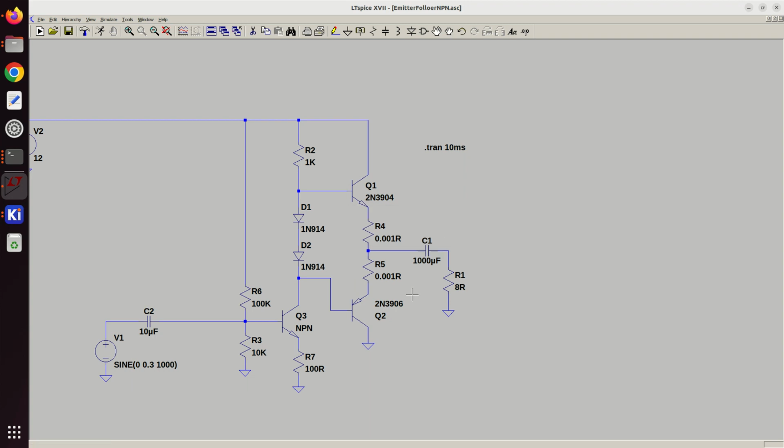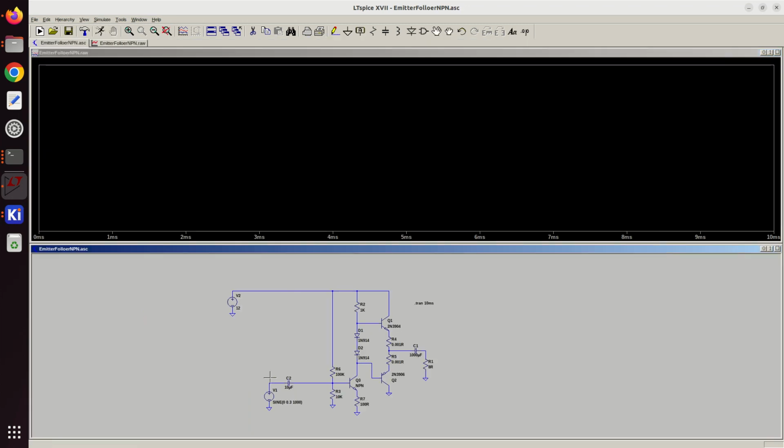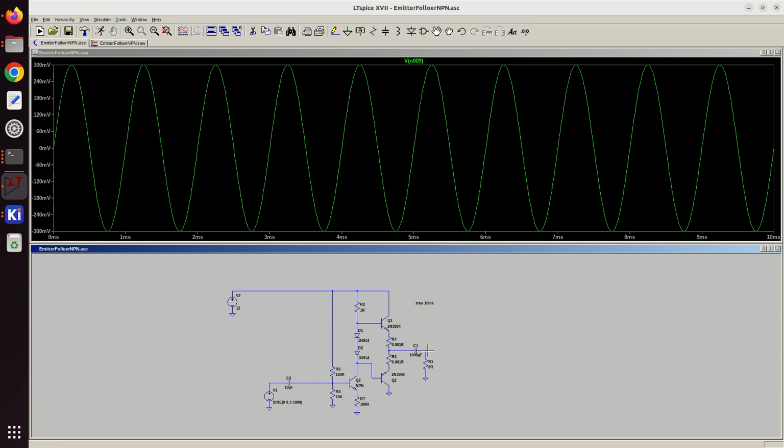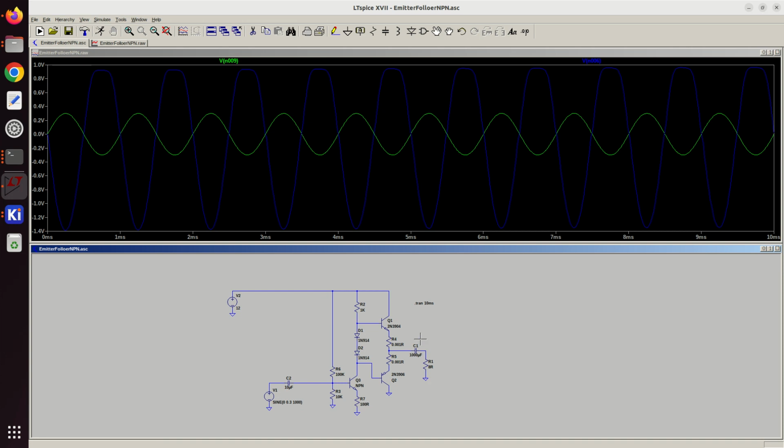Let's see. So the gain is basically this resistor over the equivalent resistance here. So let's simulate this. Again, we'll take our input and our output. Okay, so we're still maxing out, but it's looking much more reasonable. So what is the voltage here?